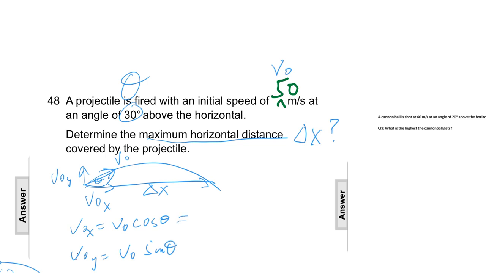Okay, so VO is 50 times cosine of 30. Other one is 50 sine of 30. That one's 0.5 times 50 is 25 meters per second. And 50 cosine is 43.3.